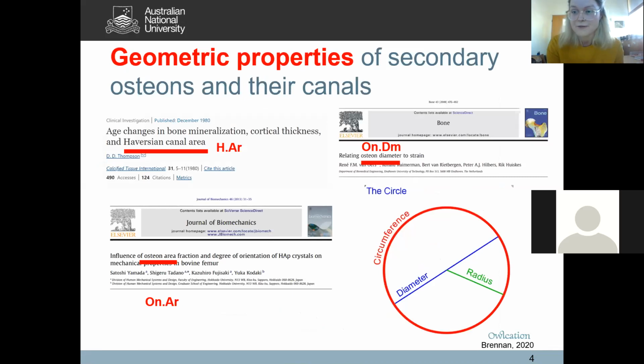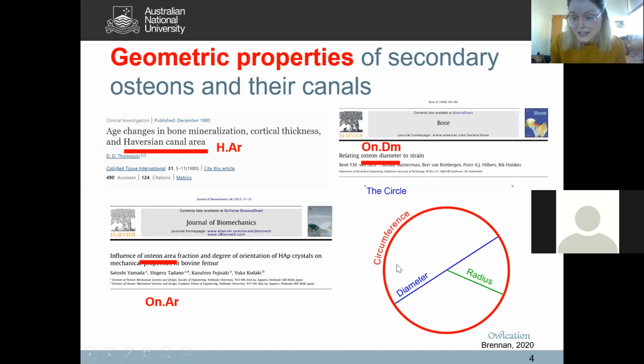From last week, we talked about densities, and today we're going to move on to geometric properties of secondary osteons and their canals. The basic principle to take out from today is that it's a simple geometric measure of a biological structure, just as if you had a simple circle and you were interested in its circumference, except that we typically don't look for circumference or perimeter.